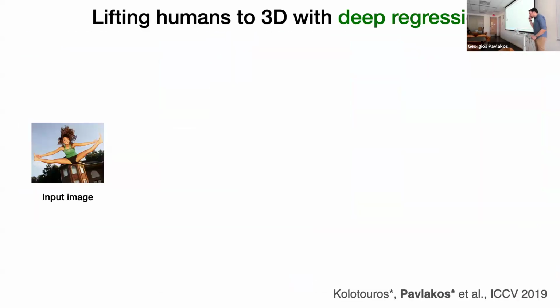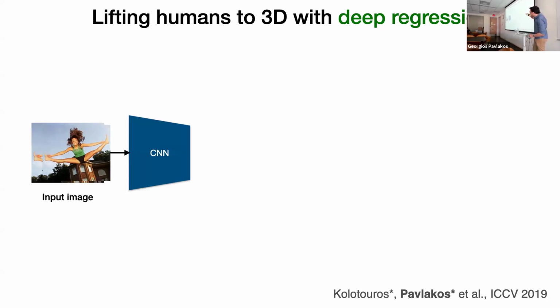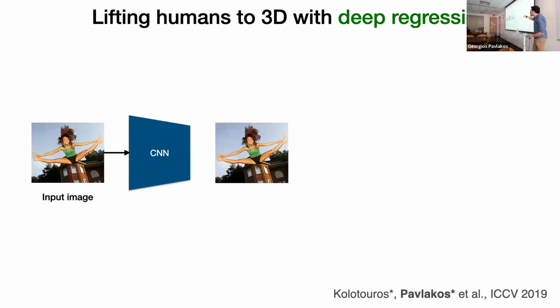I was saying that these model fitting approaches tend to be quite slow at test time. So we have also developed approaches based on deep networks that directly take an image of a person and regress, in one shot, the parameters of this parametric model and give us a 3D reconstruction.